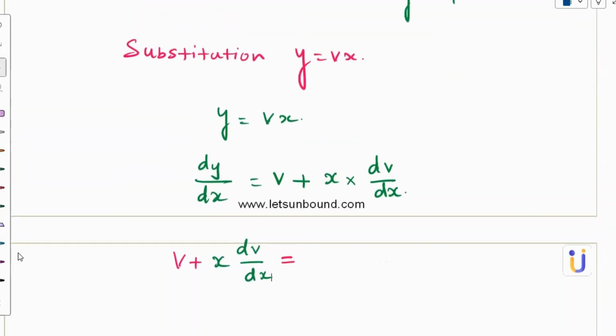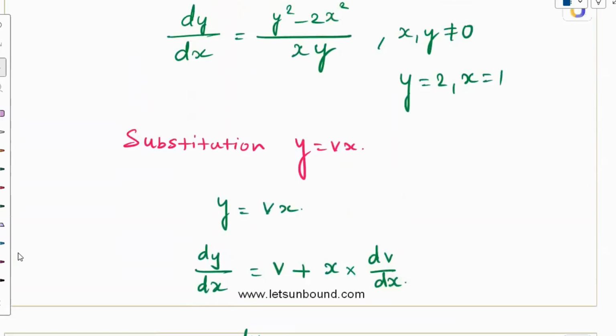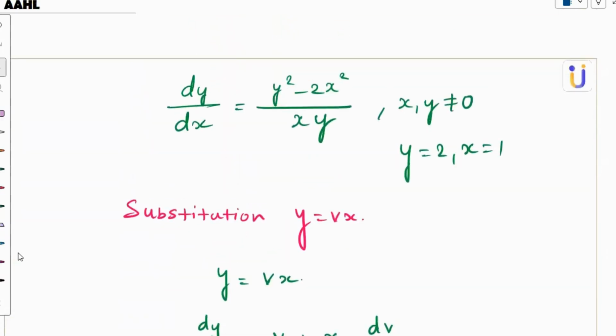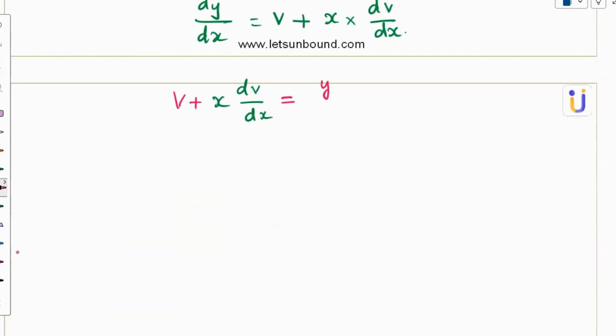I just interchange the places for convenience. And dy by dx is given, just copy it: y squared minus 2x squared divided by xy. Let me replace y equal to vx here.